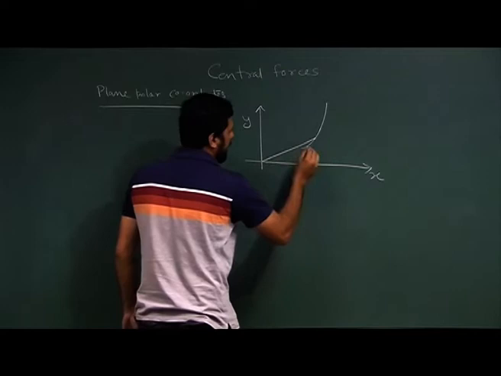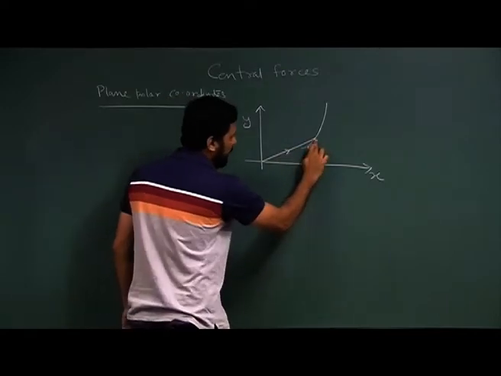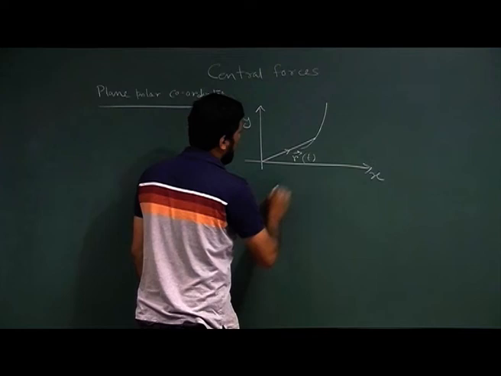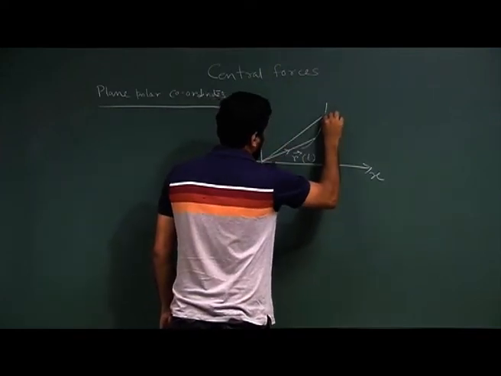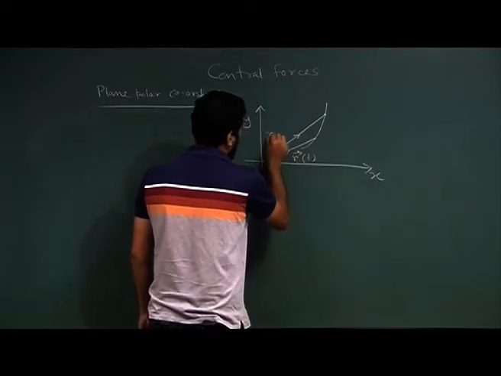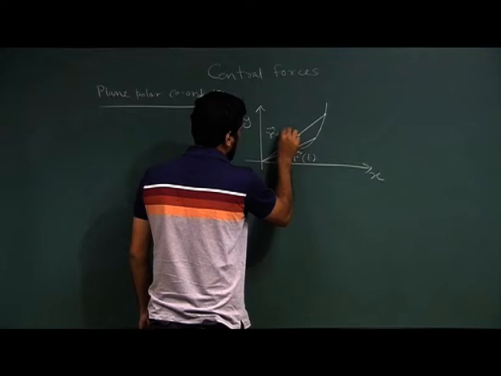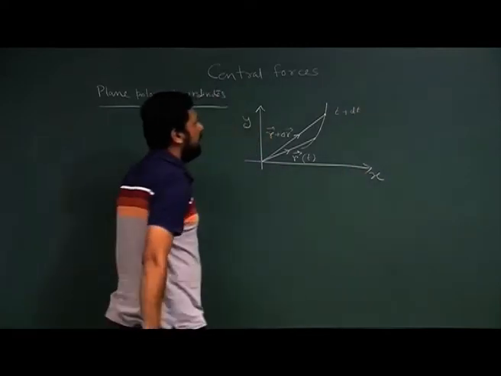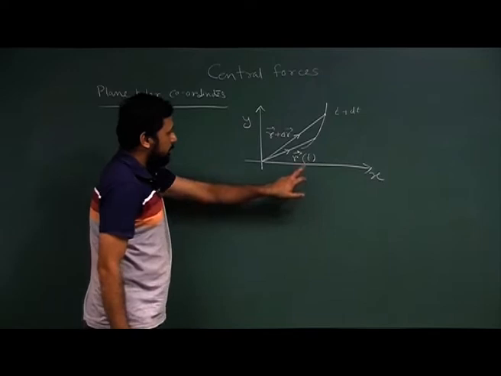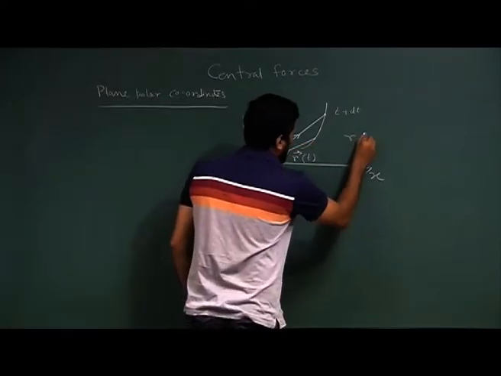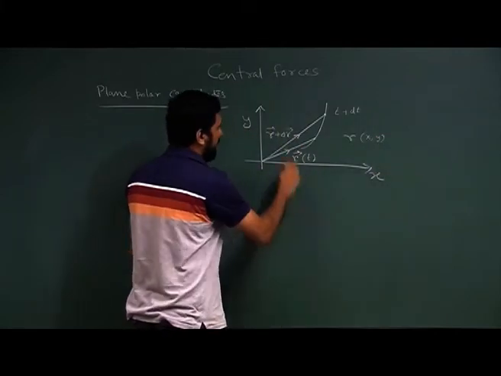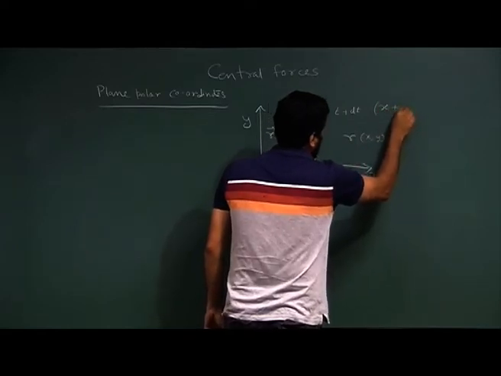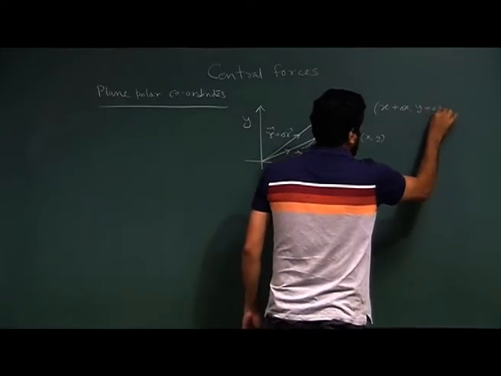If this is the position vector r of the particle at time t, and this one is the position vector r plus dr at time t plus dt, then we can always express r as a coordinate point x, y, and express this one as a coordinate point x plus delta x and y plus delta y.